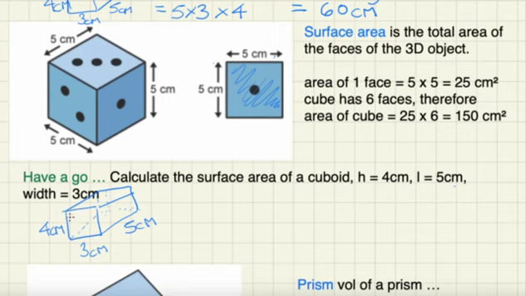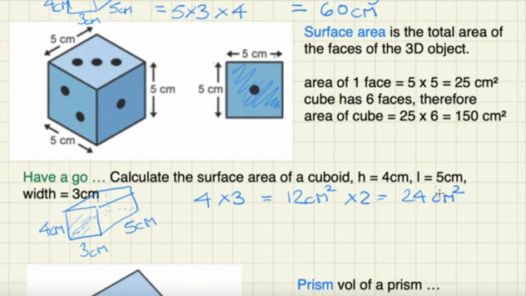Let's work out the area of these edges, and we can work that out from these dimensions. So 4 times 3 equals 12 centimeters squared. Now that's the area just of this, and we have 2 of them. We have one at the back. So multiply that by 2 and you get 24 centimeters squared.